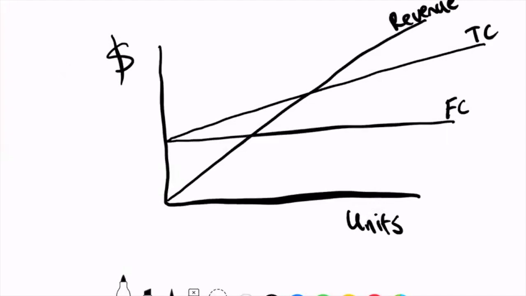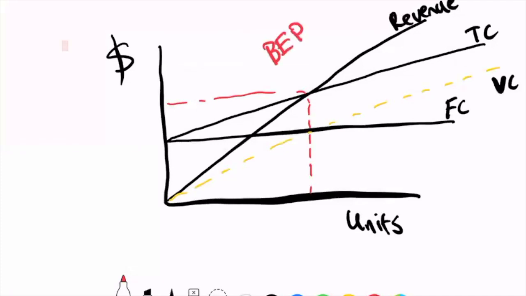And then right under that, we can look at this as being our variable cost. And right here, this is our break-even point, which we can calculate in either sales amount or number of units.